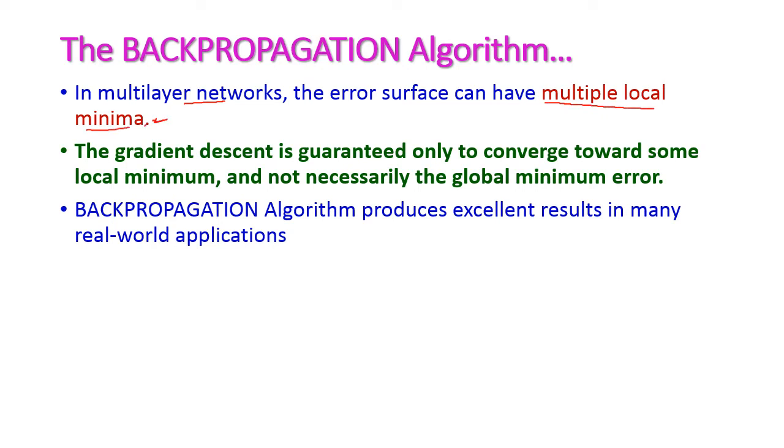This is a big drawback of the gradient descent algorithm, because it guarantees only convergence towards some local minimum instead of the global minimum. To overcome this, we can use the backpropagation algorithm, an excellent algorithm which gives very good results in many real world applications.